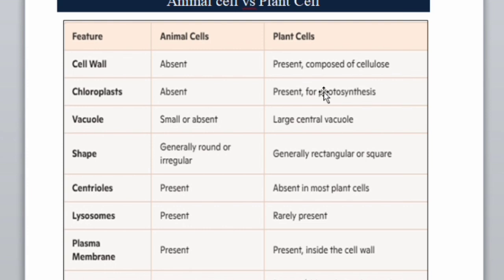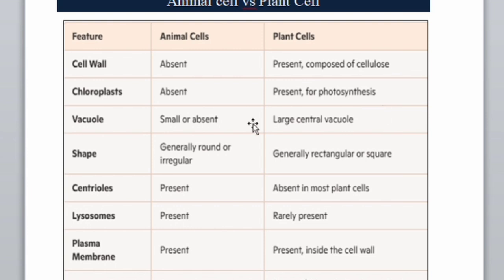In case of bacteria, it is composed of peptidoglycan. Chloroplast is absent in animal cell, whereas in plant cell, it is present for photosynthesis. As you know that photosynthesis occurs in plants, it is due to chloroplast, but animal cell does not contain chloroplast.